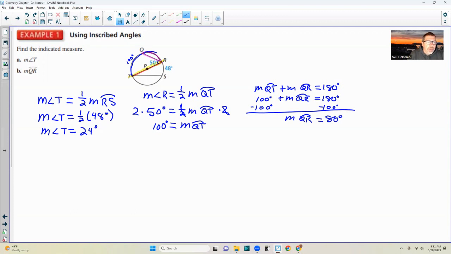So this arc right here is 80 degrees because 100 plus 80 is 180. Okay, and that's how you have to look around and see all the things that you can answer in the circle before even thinking about what to answer. I always like to just fill in the circle with everything I know just by looking at it. Okay, so now let's go on to example 2.